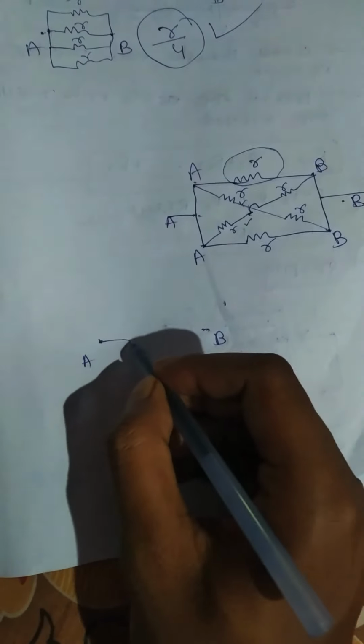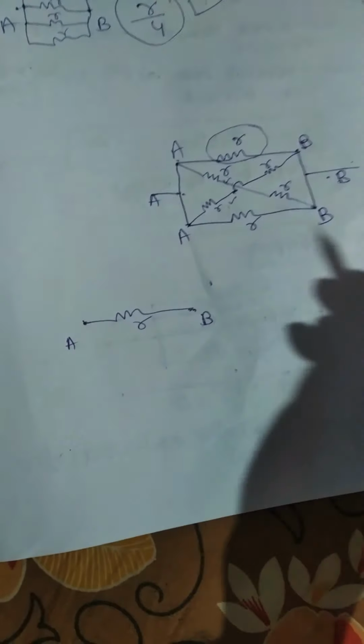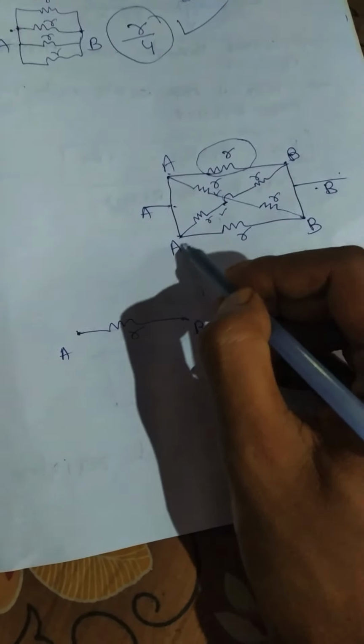See that this R resistor is connected between A point and B point. And this R resistor is connected between A point and B point.